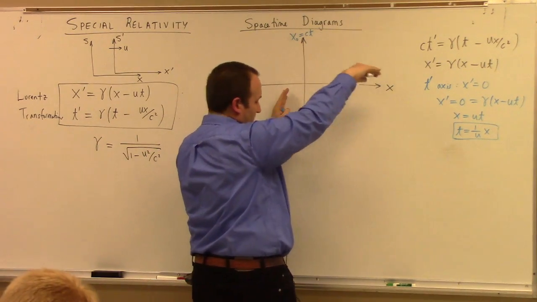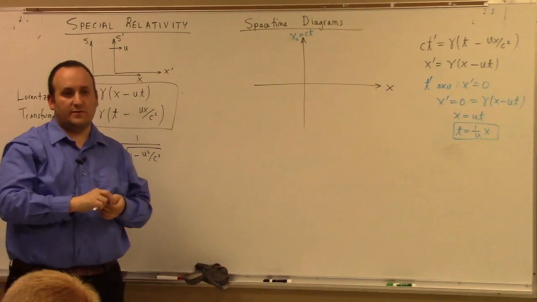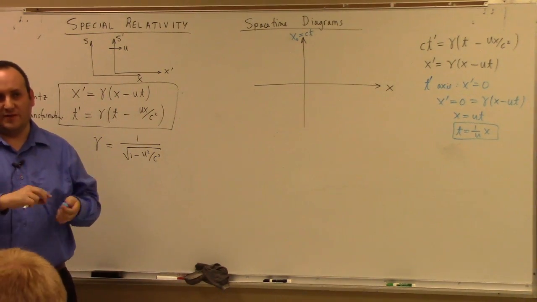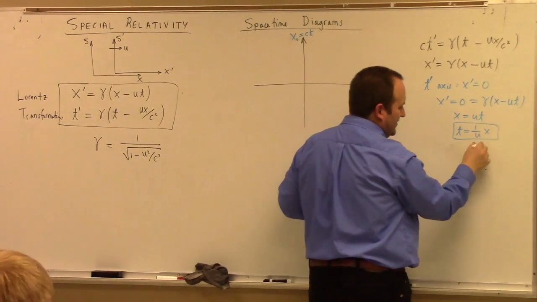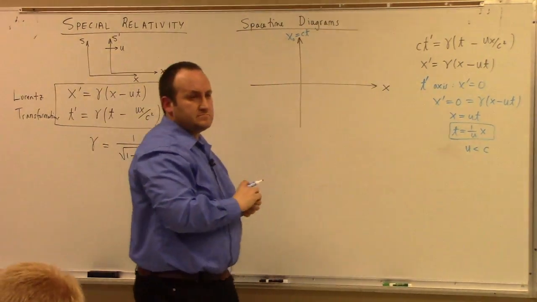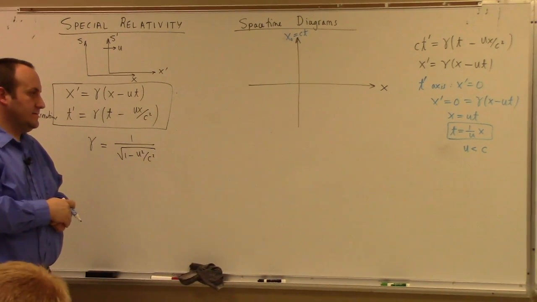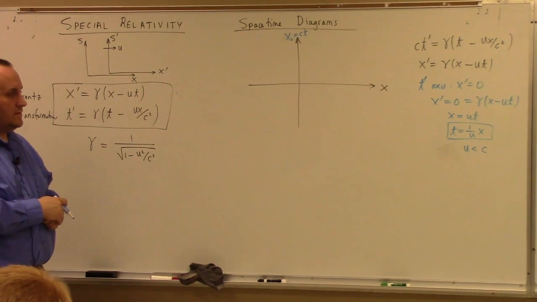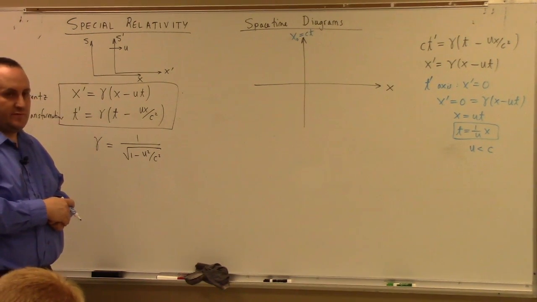If x over ct is equal to 1, that would be the speed of light. So this is a slope. U has to be less than c, right? U has to be less than c. And so what's that mean? That means that 1 over u is what?